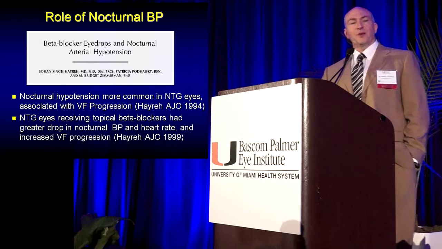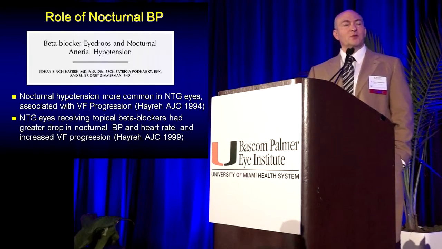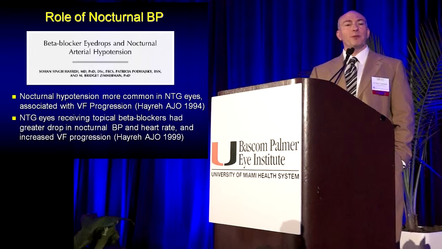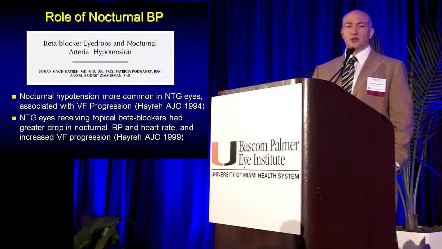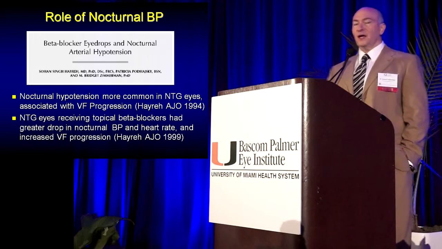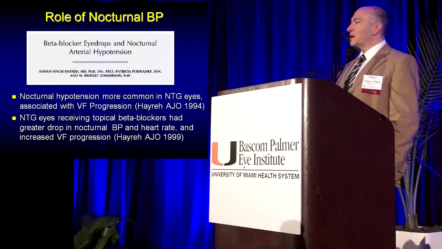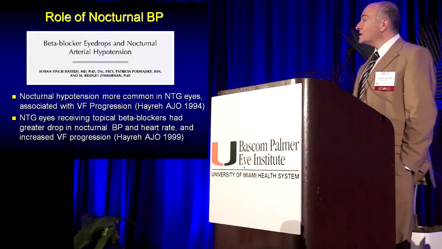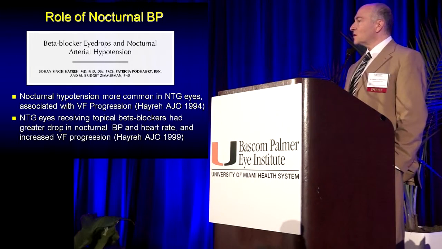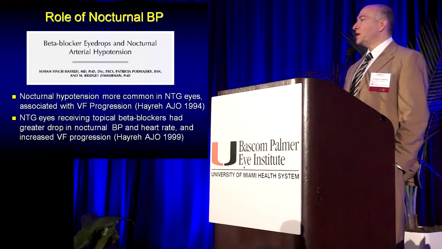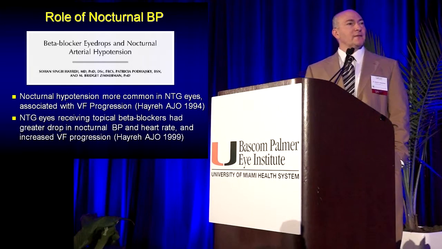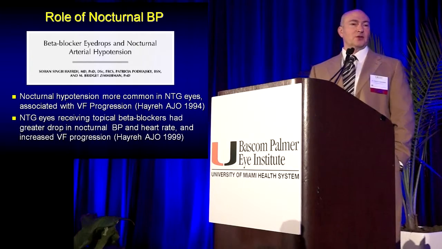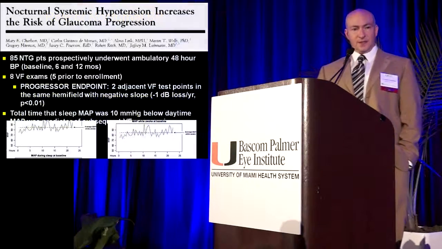And in this paper, Professor Hayreh showed that those patients who had received topical beta blockers had an even greater drop in the magnitude of their nocturnal blood pressure, their heart rate, and were at higher risk for the development of visual field progression. And this may, in part, explain some of the results of the Low-pressure Glaucoma Treatment Study clinical trial, where we saw a very high proportion of patients that developed visual field progression in the group that were randomized to timolol treatment as compared to the group that were randomized to brimonidine.